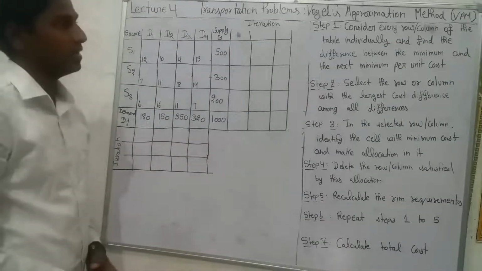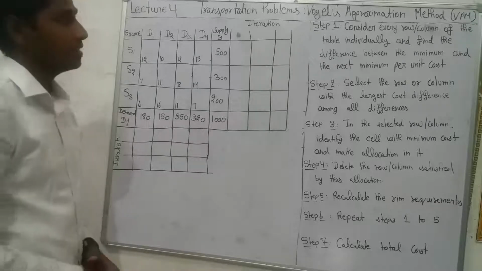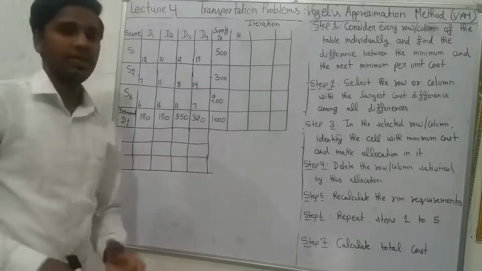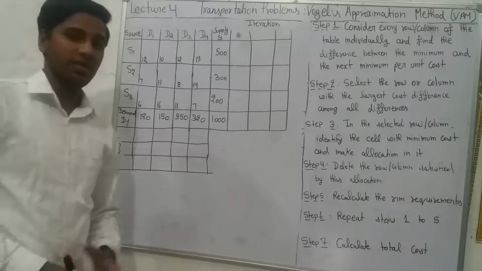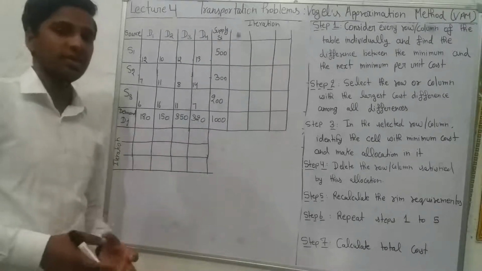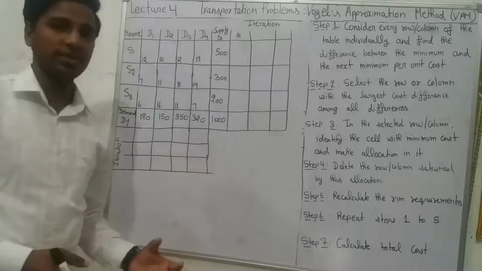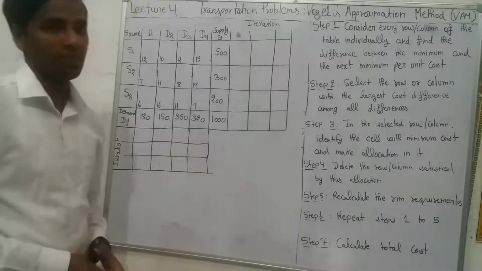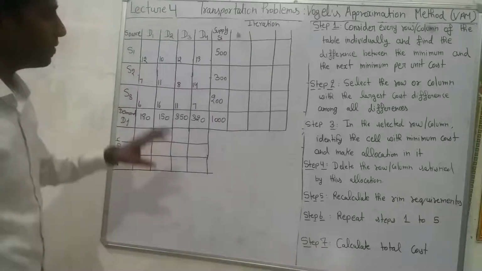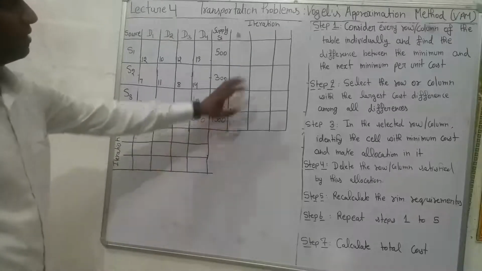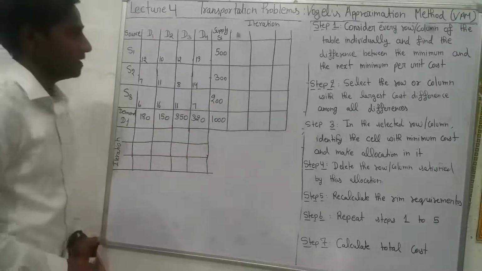Sometimes we call it the VAM method, and sometimes we call it the penalty method, because in this method we are going to consider the cost differences or the opportunity cost of not using the best route. So let's start the Vogel's approximation method.